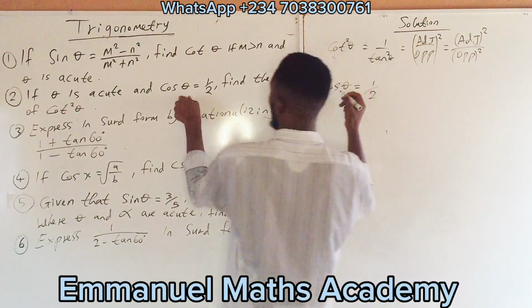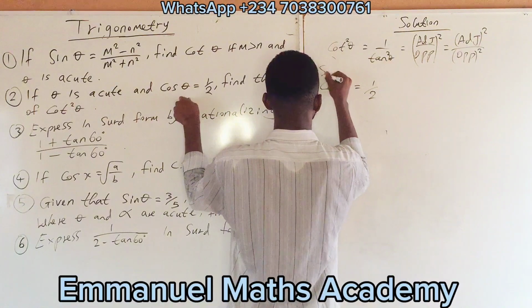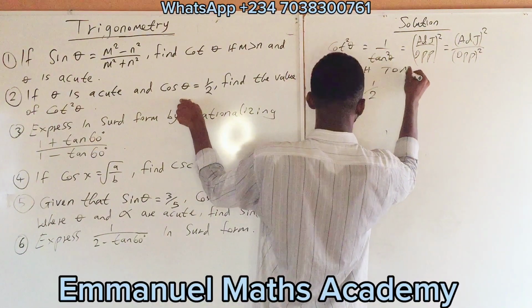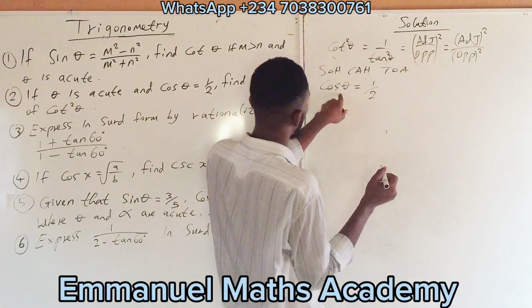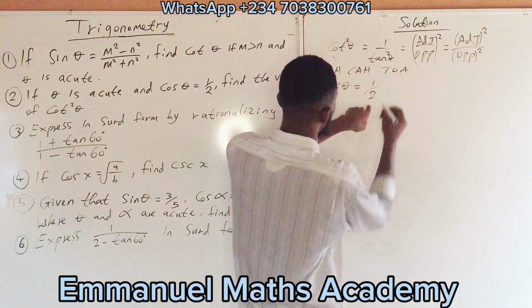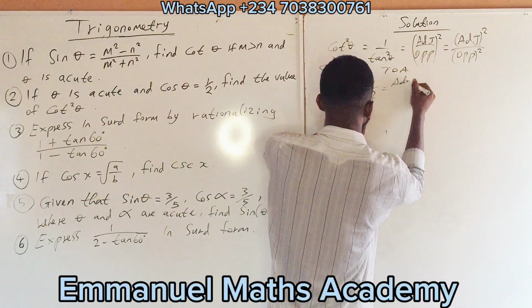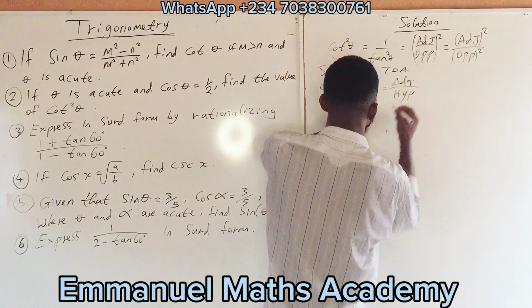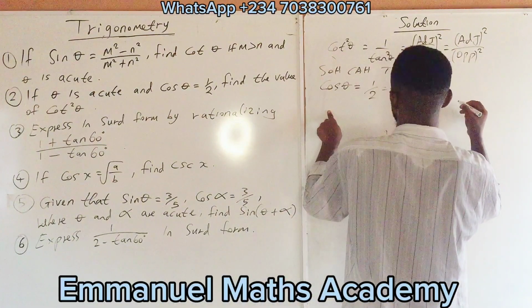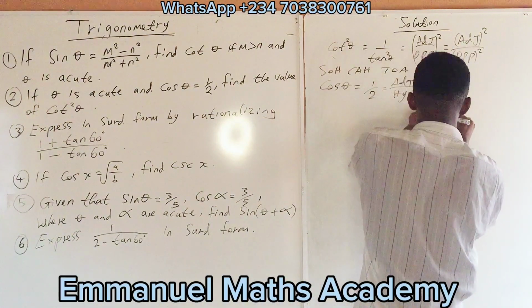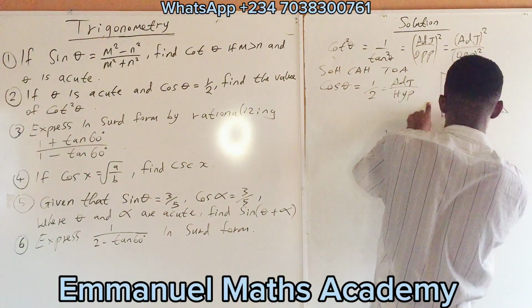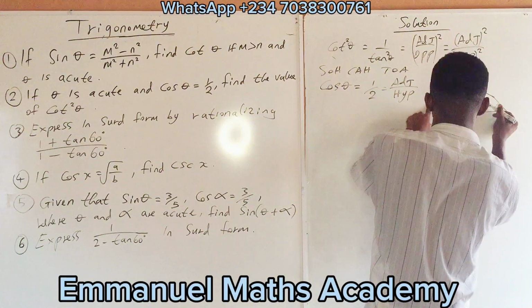Then remember from the acronym SOHCAHTOA, our cos is adjacent over hypotenuse. That means from the triangle, we have something like this. This is the angle.